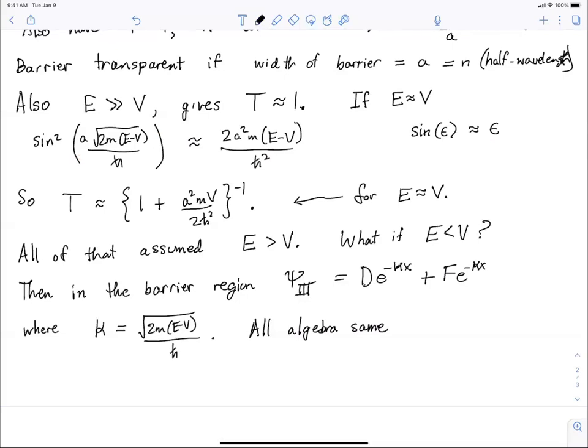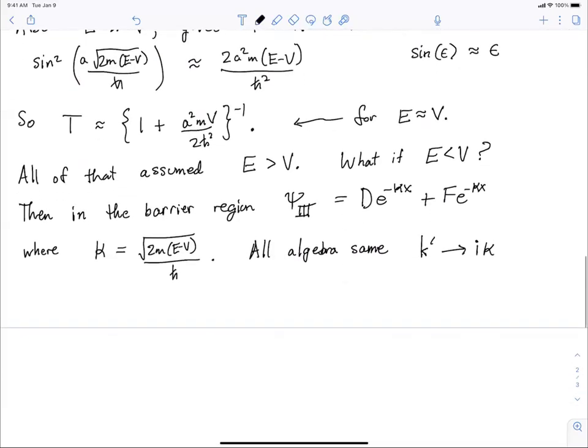That change is, instead of writing k prime everywhere, I'm going to write i times kappa, because that's what it is. If you follow it through, that means wherever I wrote sine squared, I should have written, or I could write, i hyperbolic sine squared.